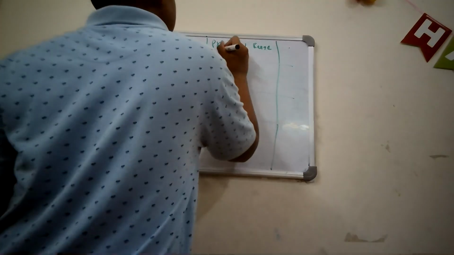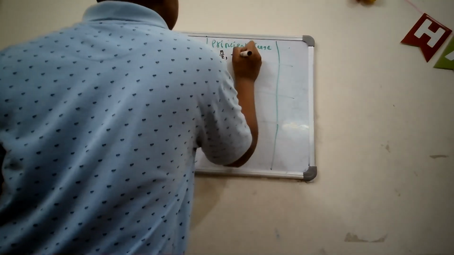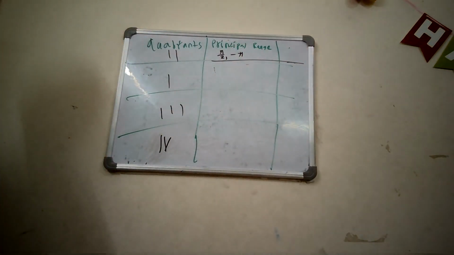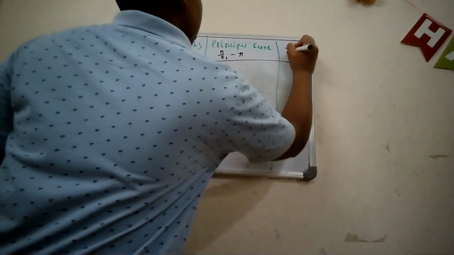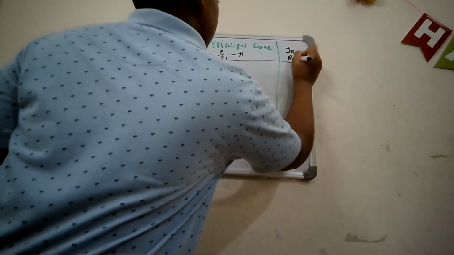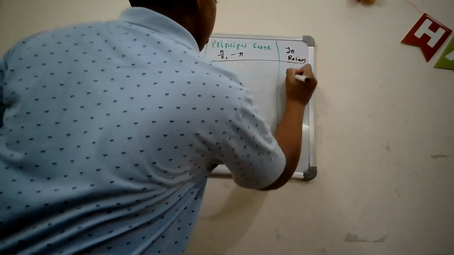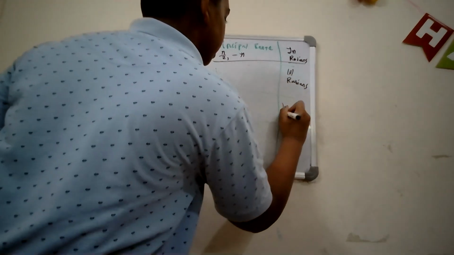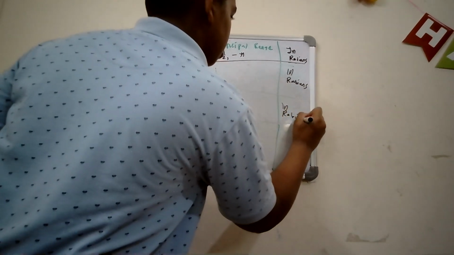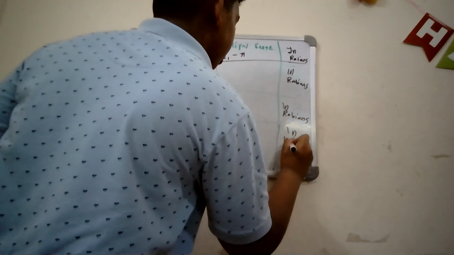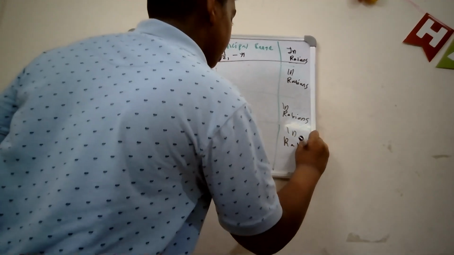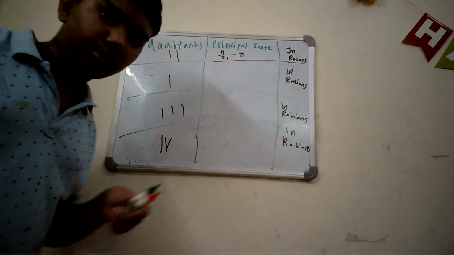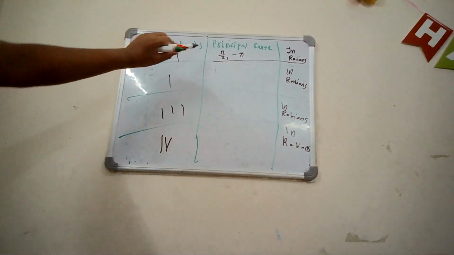From pi upon 2 to negative pi. And this is in radians. The reason I'm putting it in radians is that it's the standard. If you want, you can convert it into degrees. I'll show the formula for how to convert it, but first understand this.